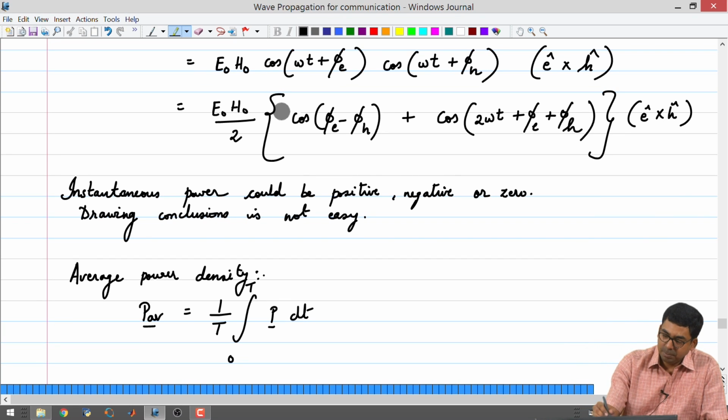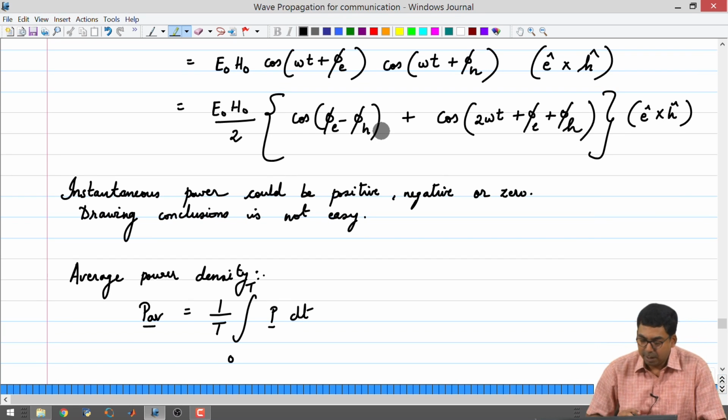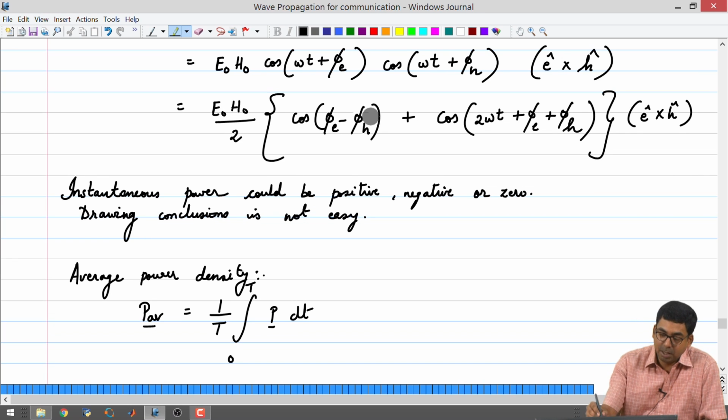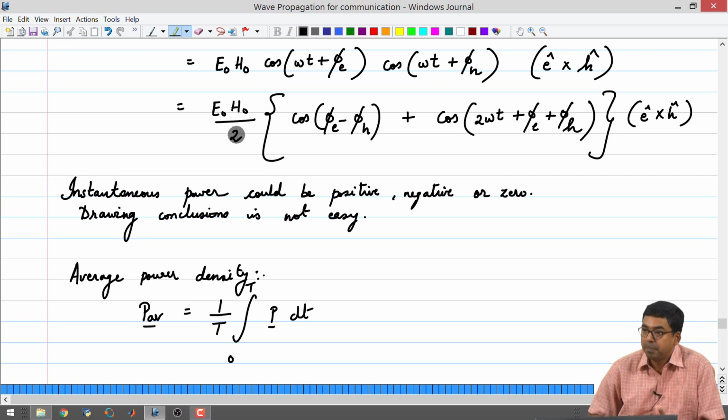So, the first term, yes, we can understand that it seems to be independent of time. So, if I integrate it, I will just have to multiply it with the time period in this case, and then I have a 1 by T coming out. So, the time and time gets cancelled. So, the first term remains as such in the case of average power density.